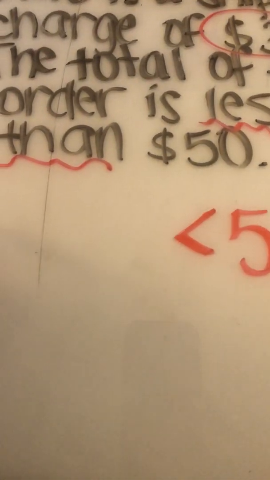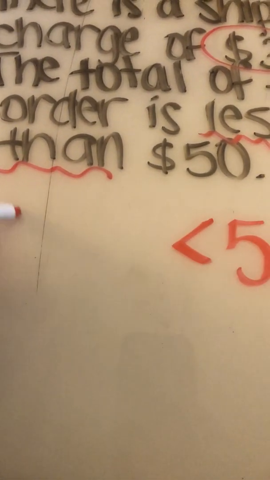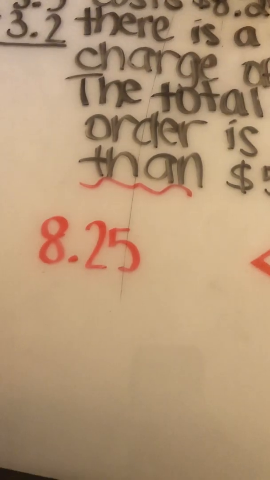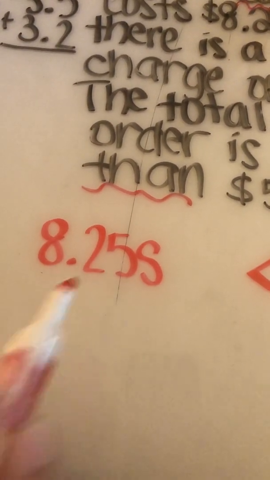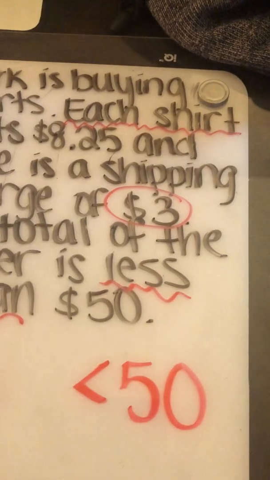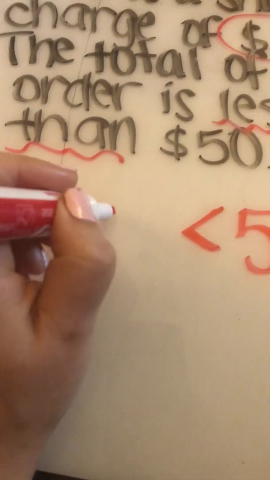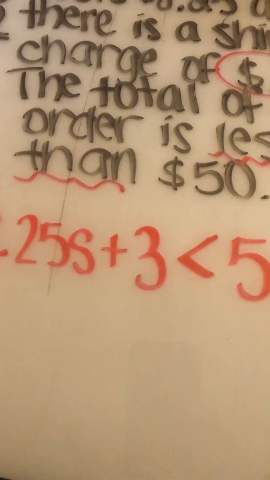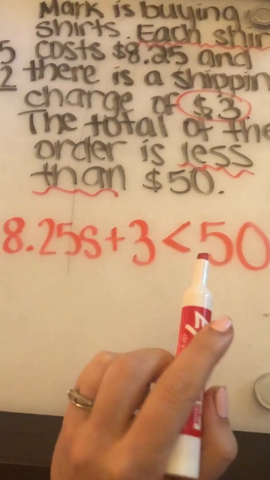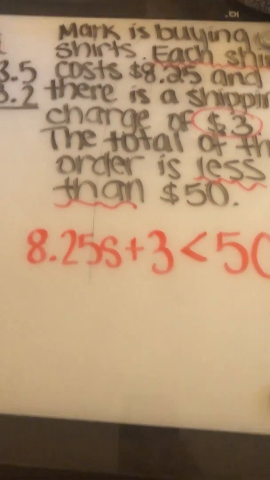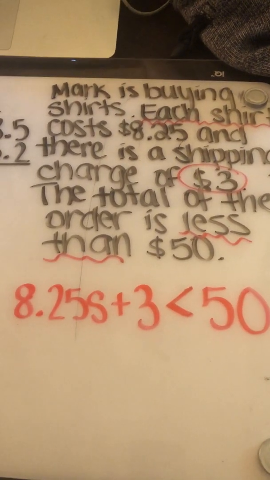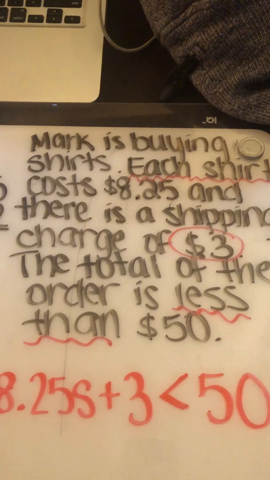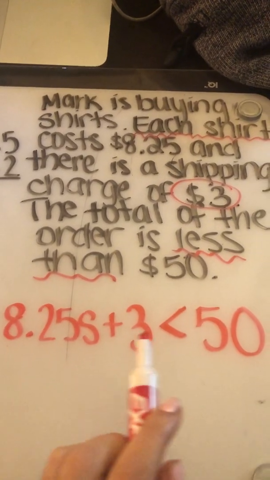So I would write 8.25 times S for each shirt. I'm going to multiply it by $8.25. And then that $3 shipping charge, so plus 3 for my shipping charge, and my order is less than 50. And that's it. So for the second question, you're going to be asked to write an inequality. Use the keywords in the problem to guide how you set that up.